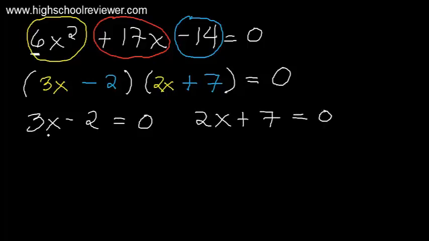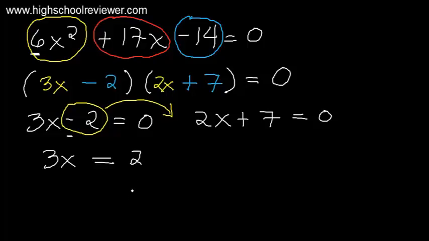To solve for x here, first we need to transpose negative 2 to the other side. So transposing, what will be left on the left side will only be positive 3x. And if we transpose negative 2, this will change sign. This will become positive 2.